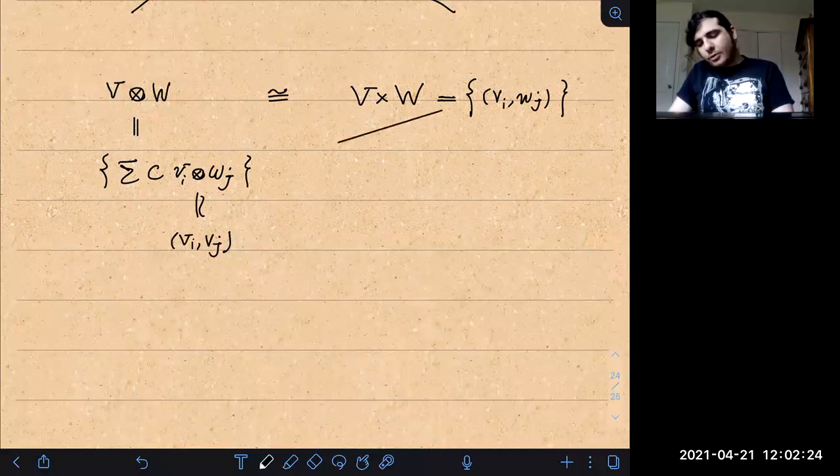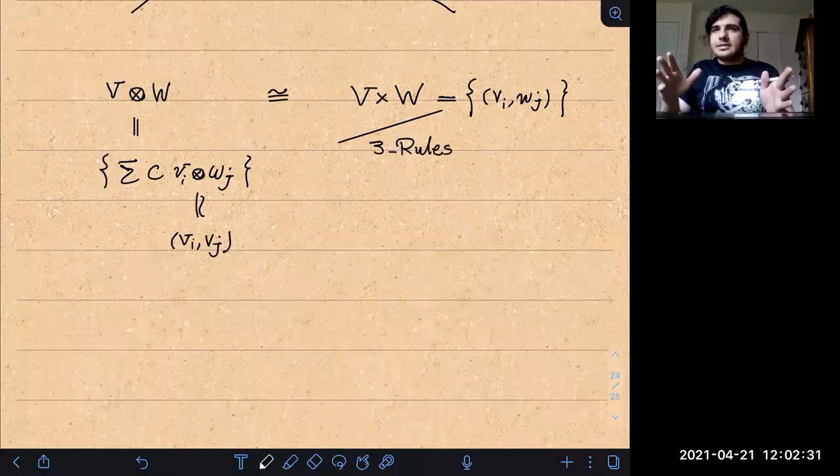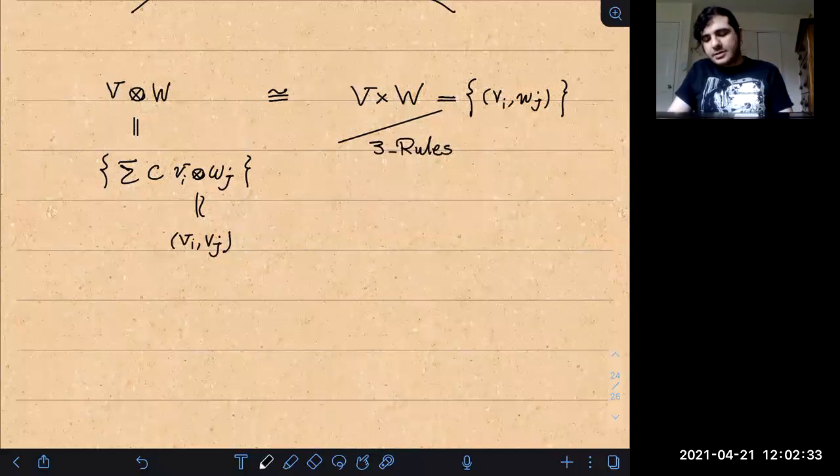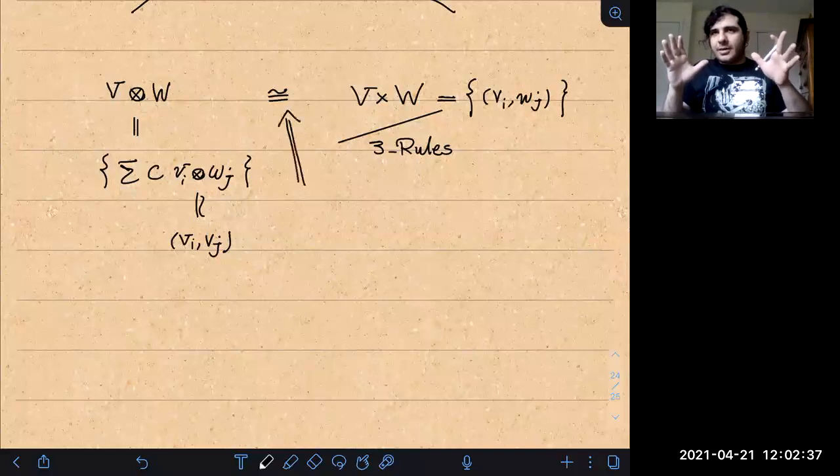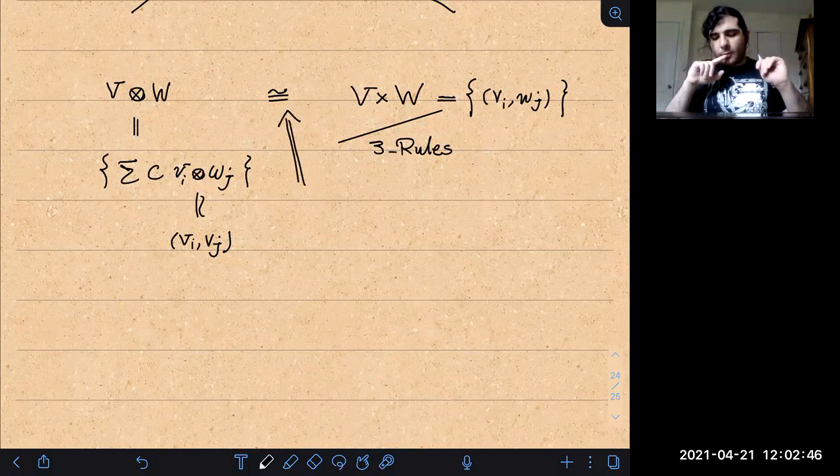So if you take quotients by those three rules, actually this equivalence would hold. So it's kind of like we have the previous product, but we are applying these three rules. That's one way to think about it.